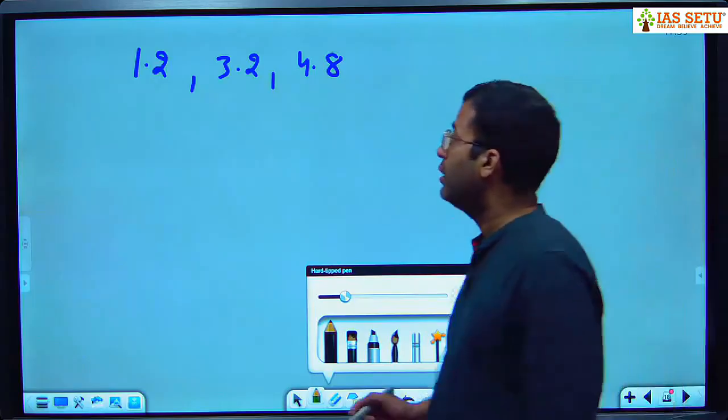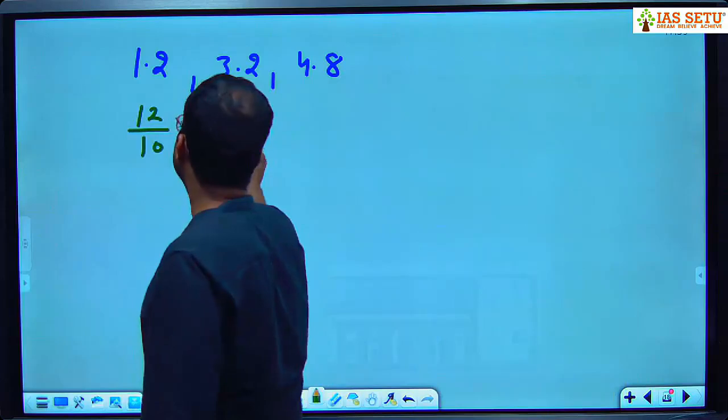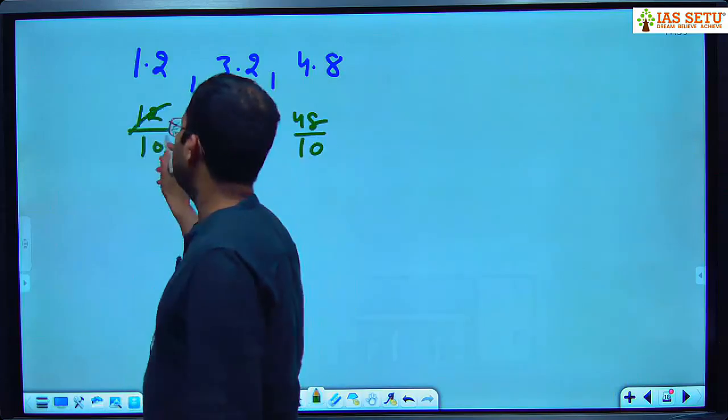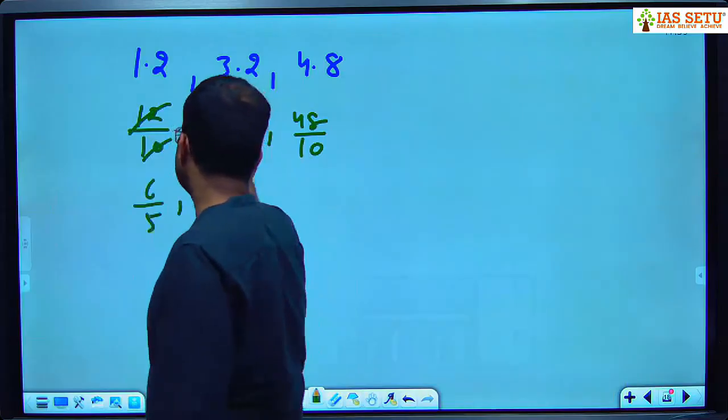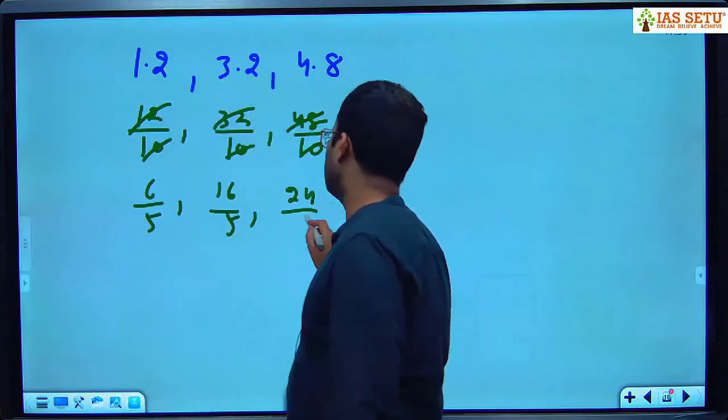Okay, so we write it as 12 by 10, 32 by 10, 48 by 10. If we simplify, 6 by 5, 16 by 5, 24 by 5.